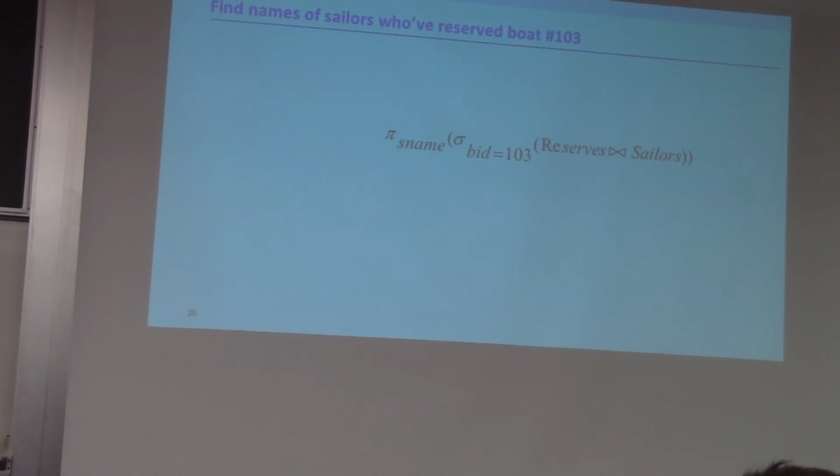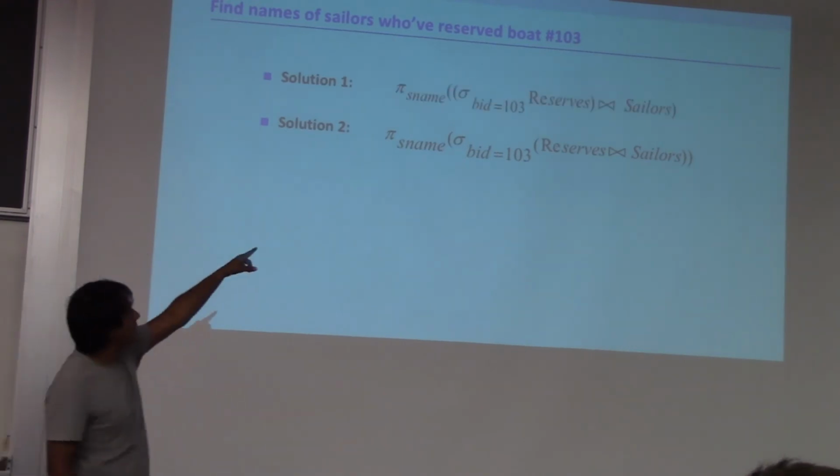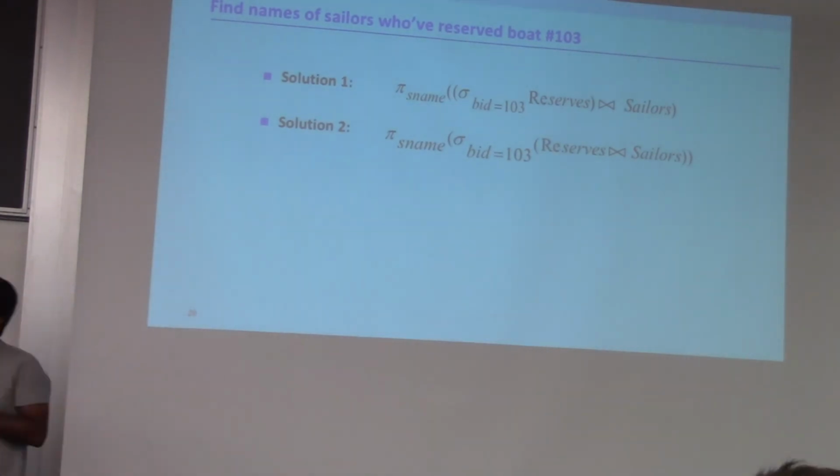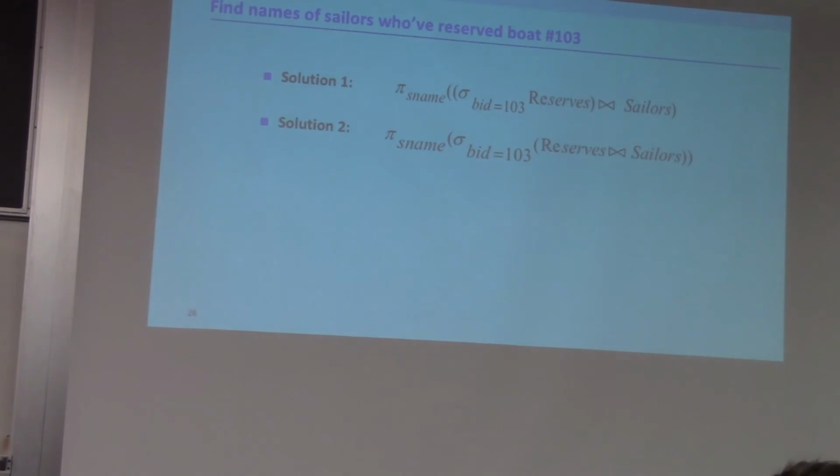So let's prune the 103 at first. Let's select that row and then do the join. Then we project the sailor name. Okay?